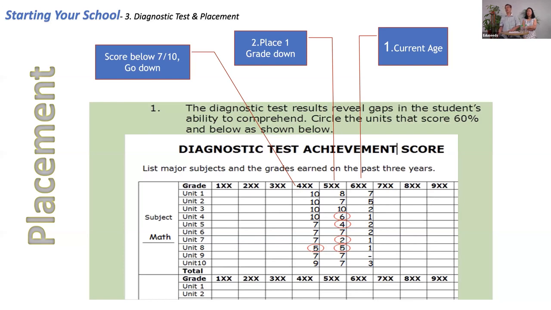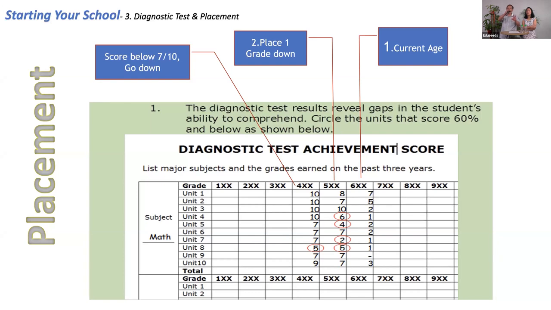So for this instance, this guy is actually 12 years old. We started him on grade 5, and there were a lot of gaps. Then we pushed him down to grade 4. In grade 4 he did better, but we still saw some gaps. So what do we do?